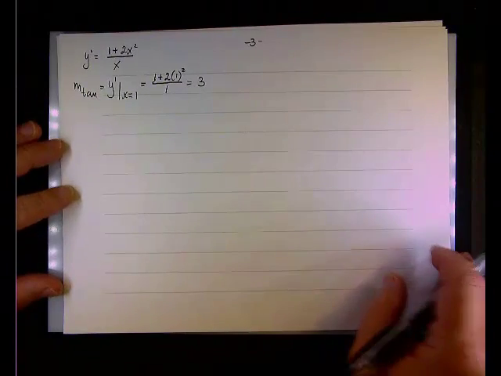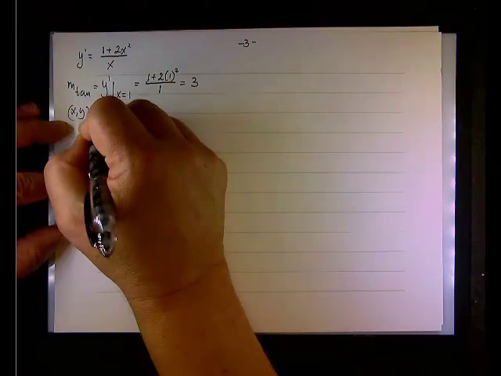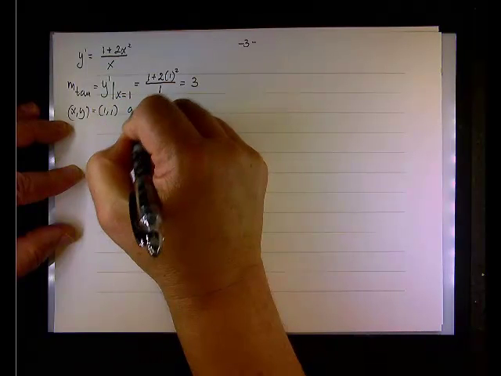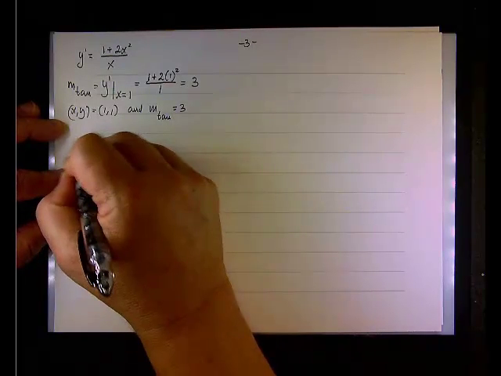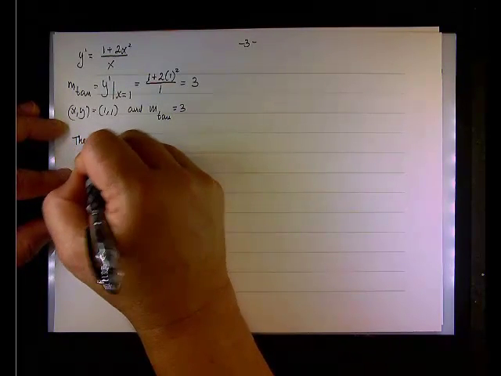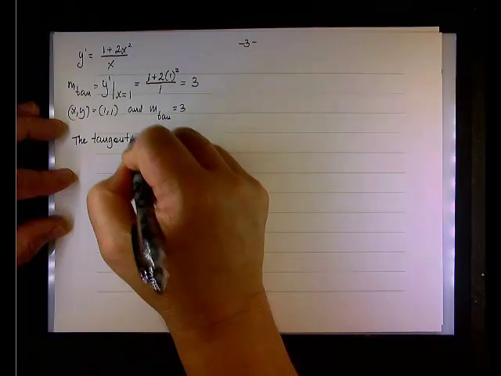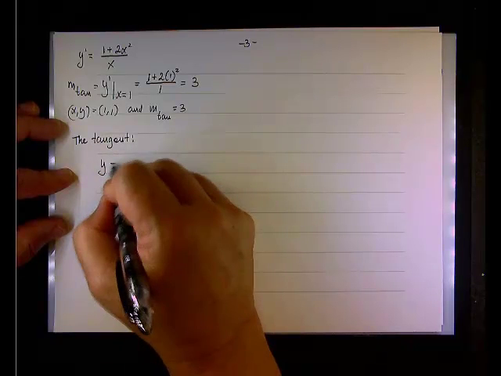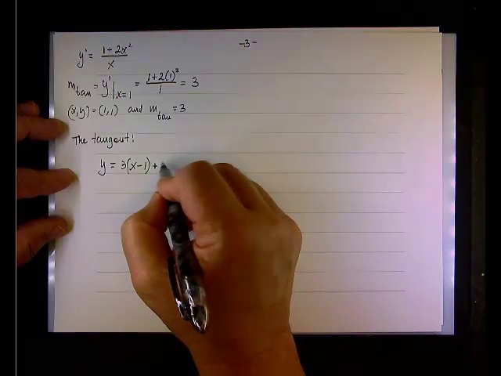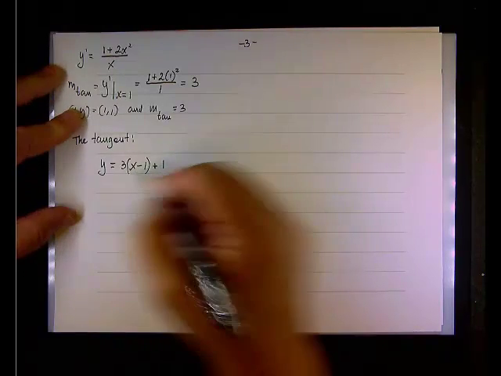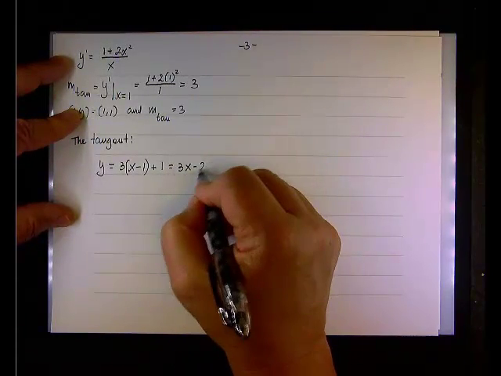So at this point we have the point (x, y) equals (1, 1) and the slope of the tangent equals 3. So the tangent is y equals 3 times (x minus 1) plus 1, and this will give you 3x minus 2.